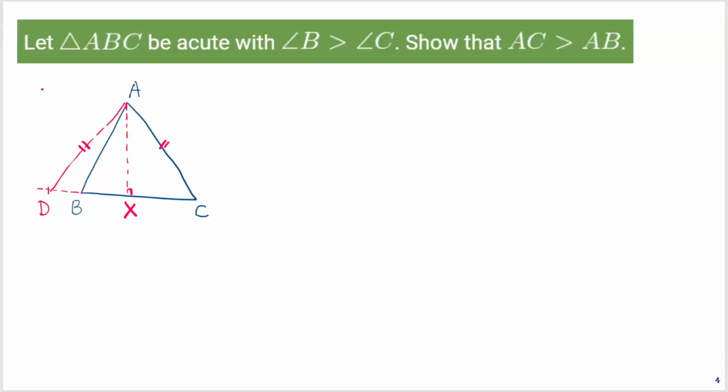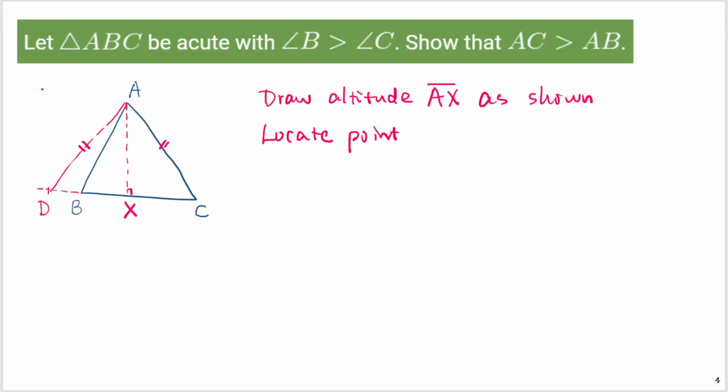Okay, so we could right here draw altitude AX as shown in the diagram and locate a point D on the line BC.